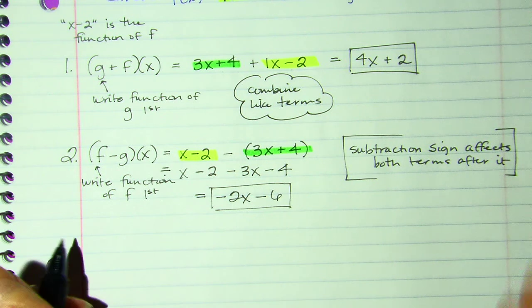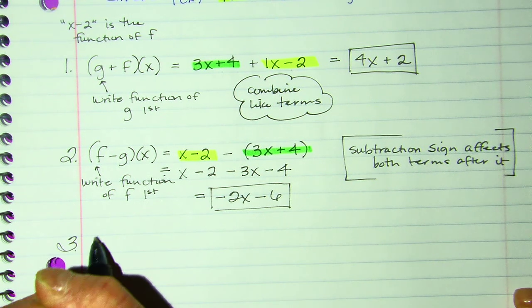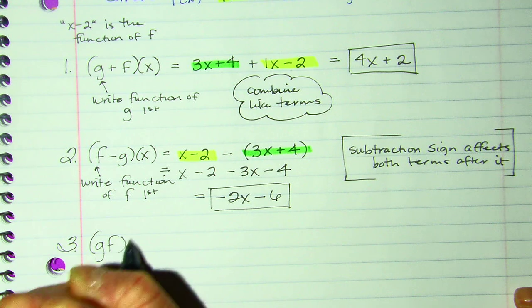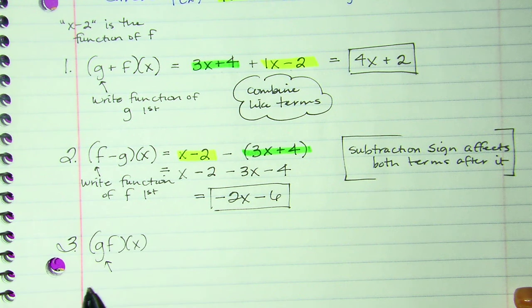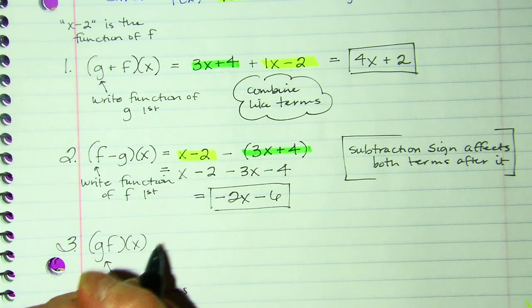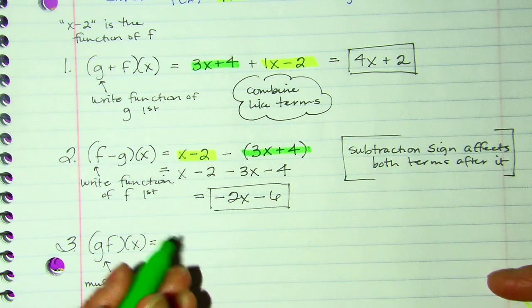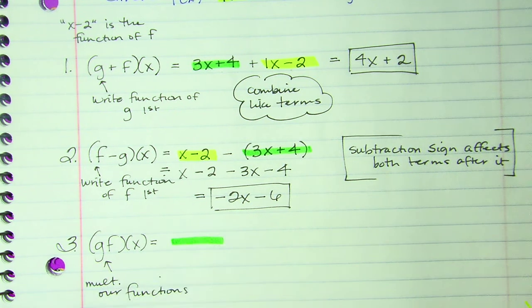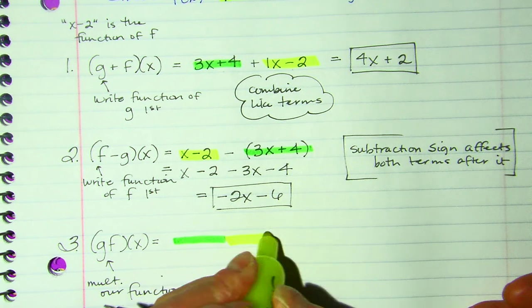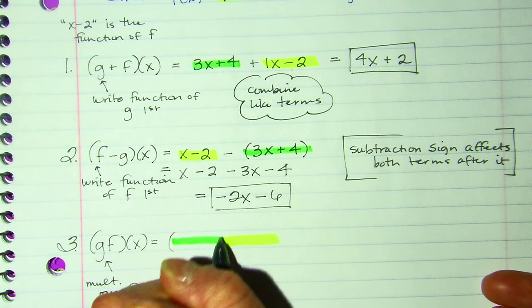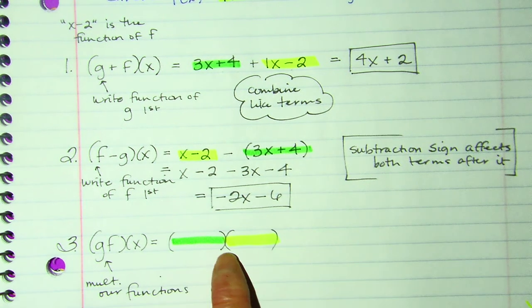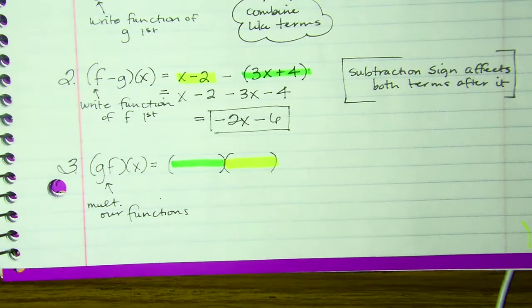Next one, we're going to do g times f of x. So this means we are multiplying our functions, and I'm going to keep them in the right order. They have g first. So g is green, and I'm multiplying that by f. So I have g times f. We're not going to have a plus or minus in the middle because we're multiplying.